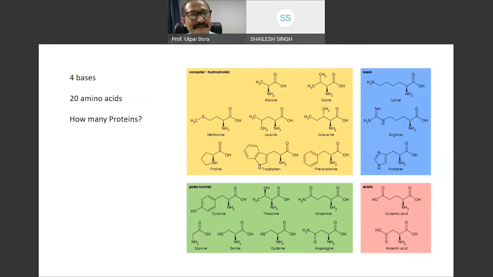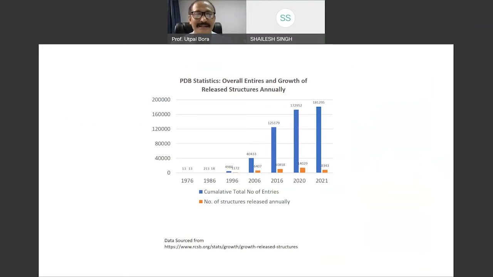Now, the question arises: the four bases represent around 20 various amino acids due to the triplet codon. You know about the codon dictionary. Now, how many different kinds of proteins are there in this world, which are produced by a combination or permutation of these 20 amino acids? If somebody knows the answer, you can type it in the chat box. But of course, this is not very easy to answer.